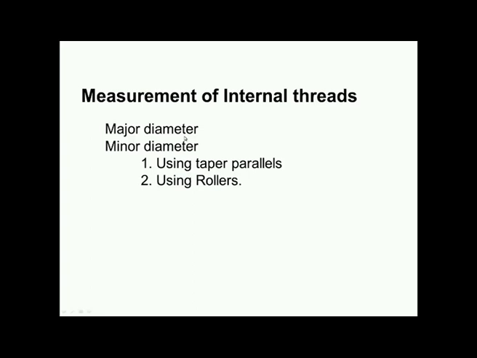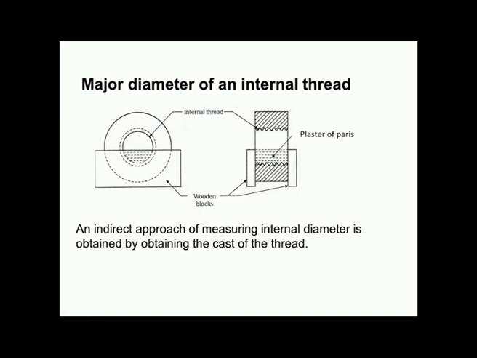Now, we will move on to the measurement of internal threads. Let us understand how to measure the major diameter of internal thread and minor diameter of internal thread. The minor diameter can be measured by using taper parallels and also by using rollers.